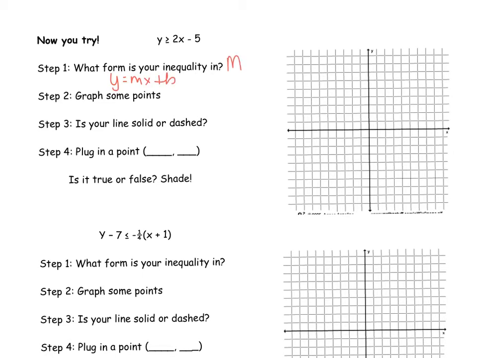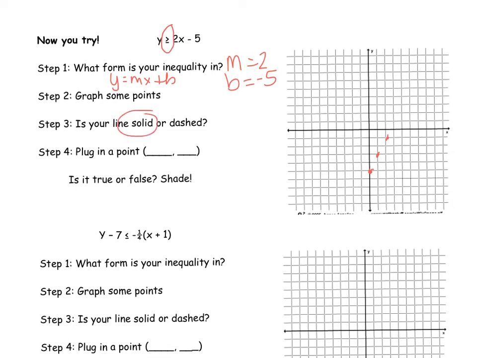So m is 2, b is negative 5. Begin with the b, so start by going down 1, 2, 3, 4, 5. The rise over run is 2 over 1. Up 2 over 1. Up 2 over 1.